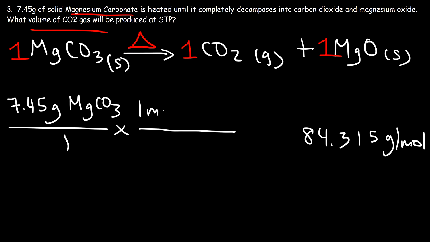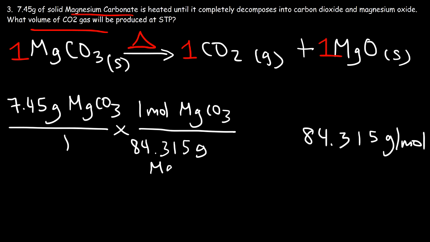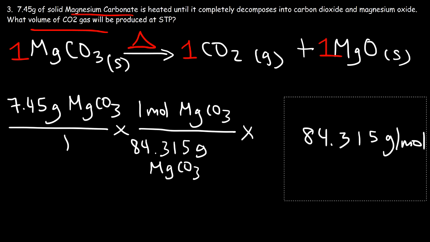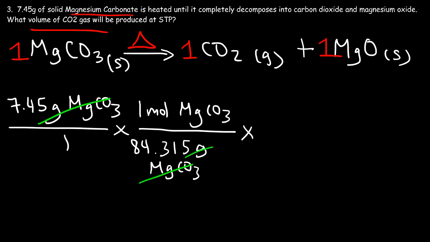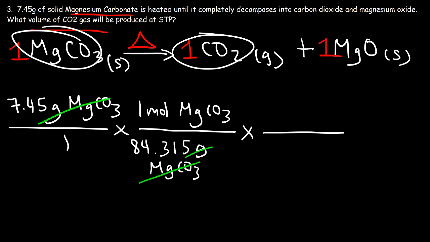So 1 mole of magnesium carbonate has a mass of 84.315 grams. So now we can cancel the unit grams of magnesium carbonate.